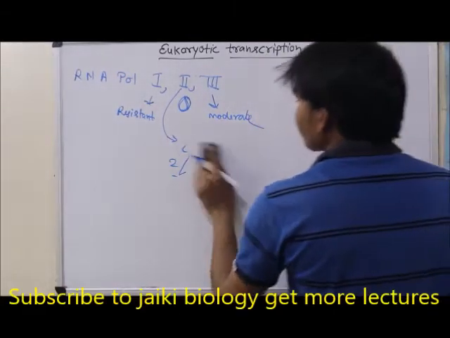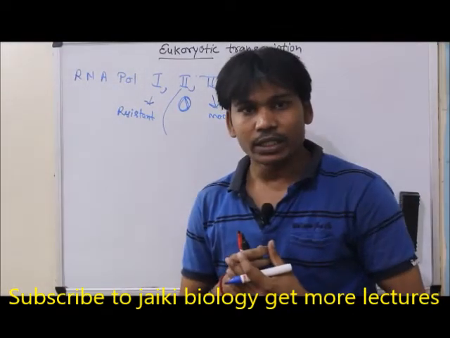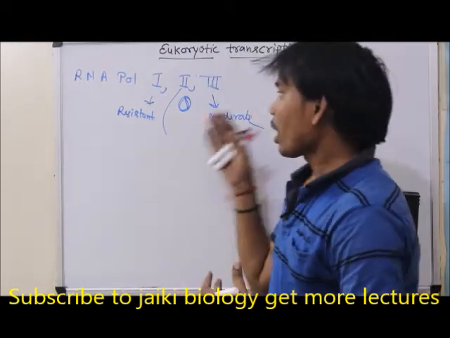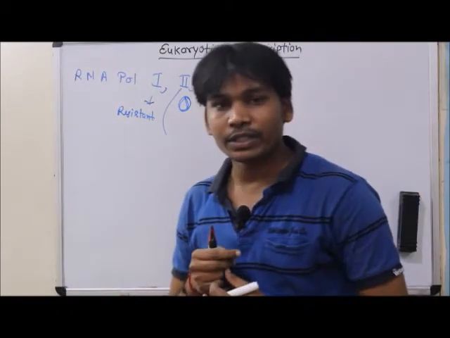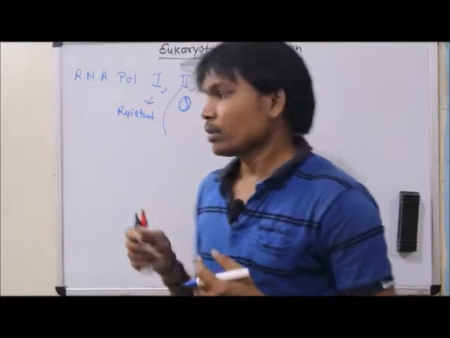In the mitochondria of eukaryotes, the RNA polymerase gene is encoded by the nuclear genome.